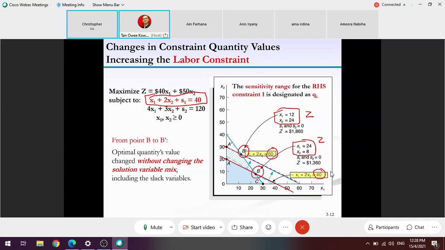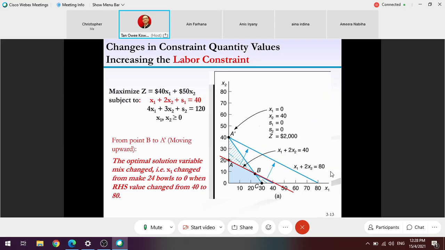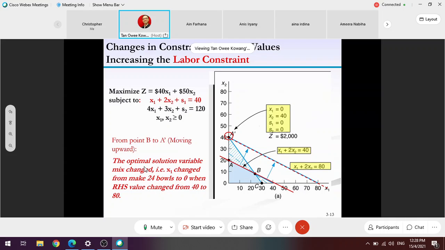If you continue doing this, you will find that when you start shifting the point and reach point A, then the solution mix changes.